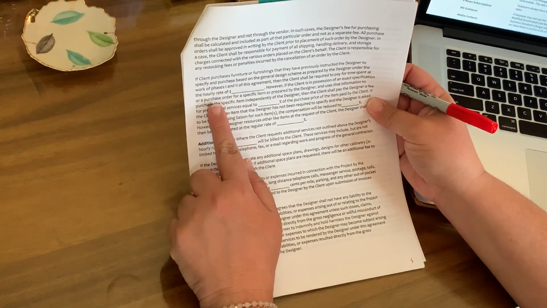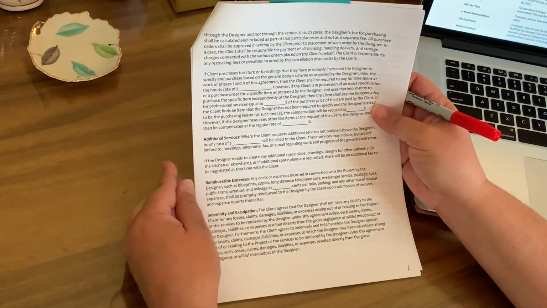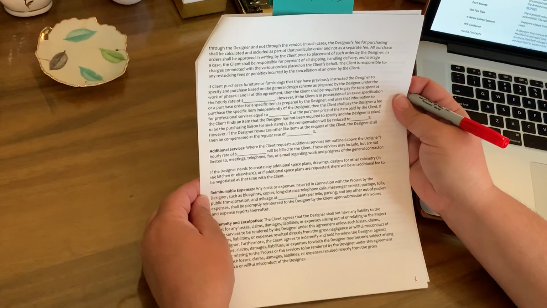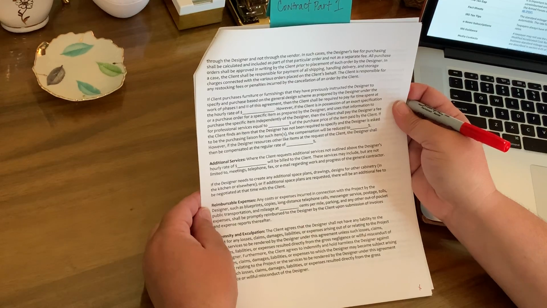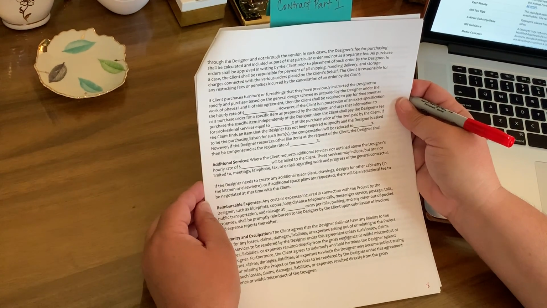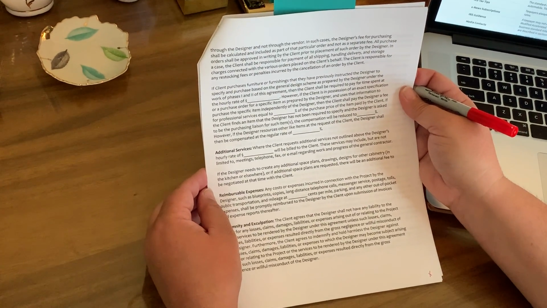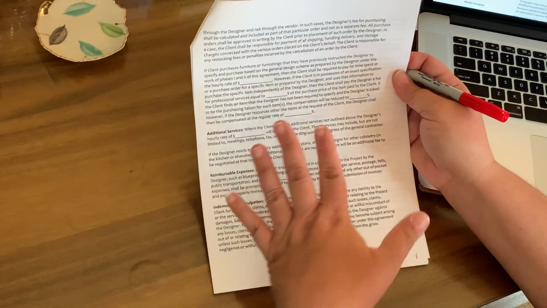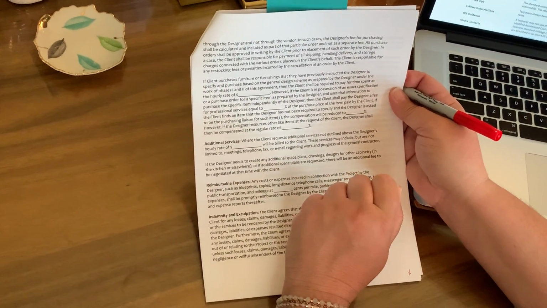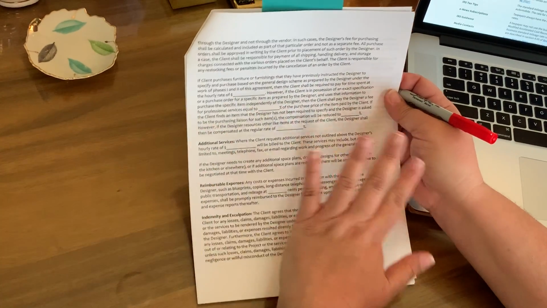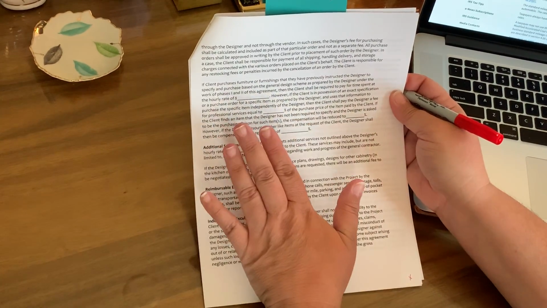Here on the next page, we're still on part 1 for the contract. If the client purchases furniture or furnishings that they have previously told you to purchase, and that you have that agreement and that was part of the scheme that you have prepared, that should be all that there is to it. It should just be over and done with.